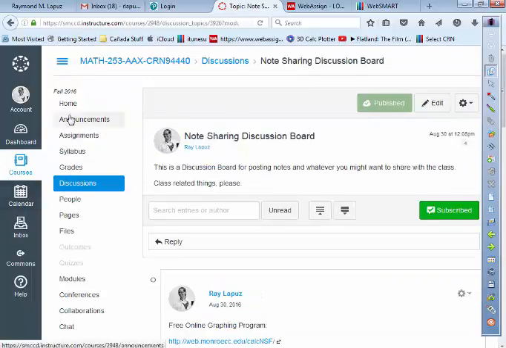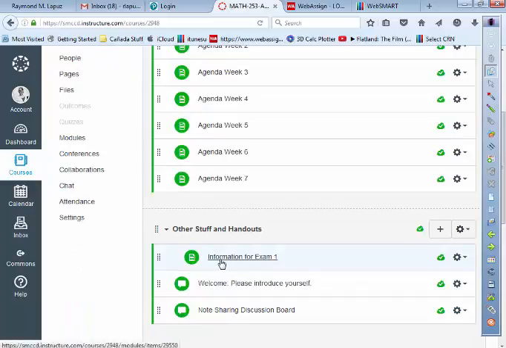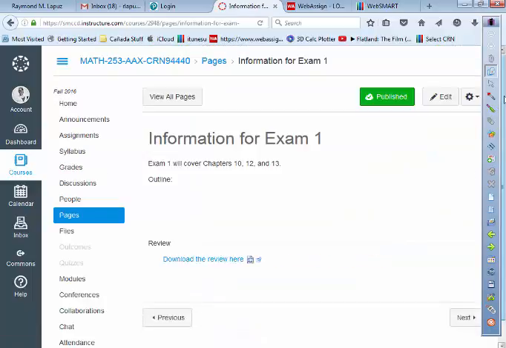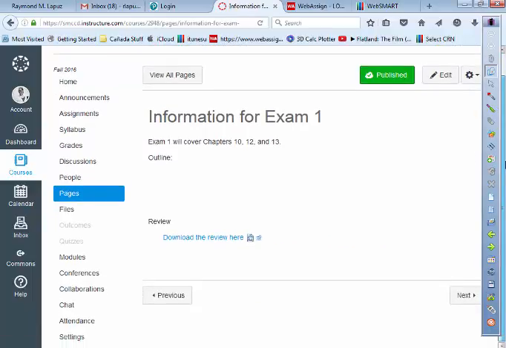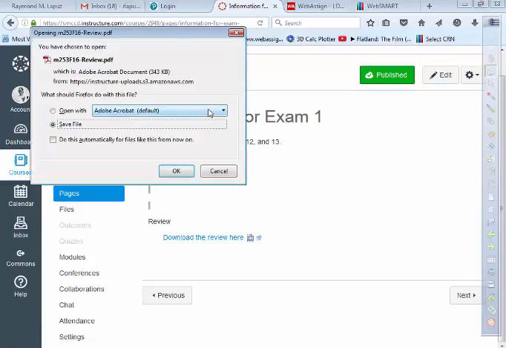So the discussion board's there in the home page, but I wanted to point out that our information about exam 1 is here. If you click on this, by Monday, and during class I'll share it with you, I'll eventually have an outline of how the exam will look like. Meanwhile, you can download the review sheet, and this is the exam that I gave in last year's class.